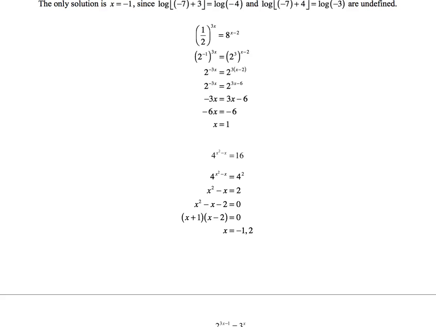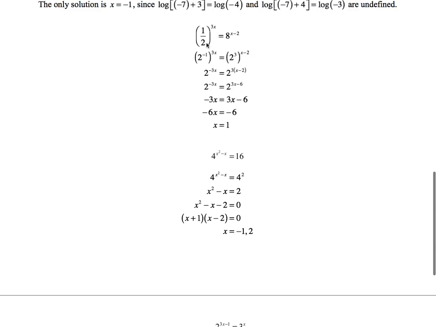I also have placed a PDF of that document in the files section of our Canvas website, and so if you lost your copy, or if you'd just like to have a PDF, it's there for you in the files section. And so using those properties here, we wind up with 2 to the negative 3x and 2 to the 3x minus 6.